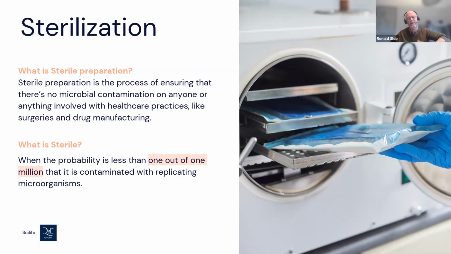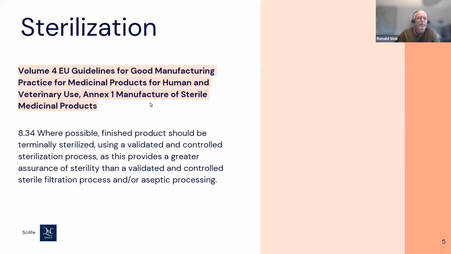So it's a sort of chicken-and-egg question. What they agreed on is that sterile means a probability of less than 1 in a million of being contaminated. It doesn't mean complete elimination of all the bioburden, but it gives you a chance of 1 in a million. So there's always a very small chance that something is still contaminated. I just want to be sure the terminology is clear for everybody: 1 in a million is the possibility that it can still replicate.